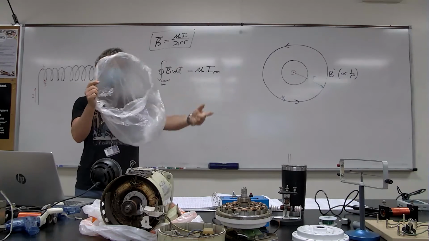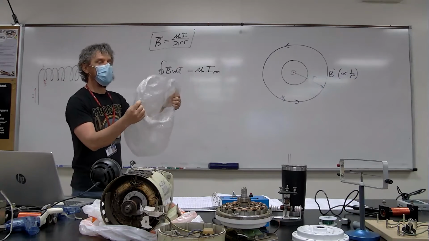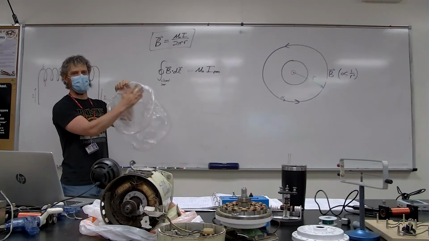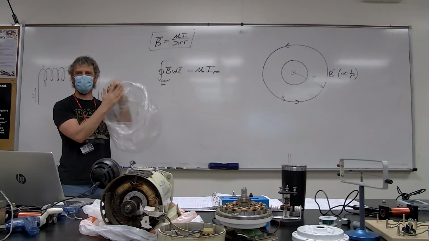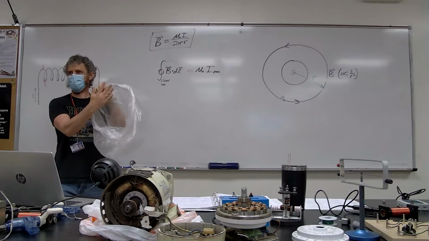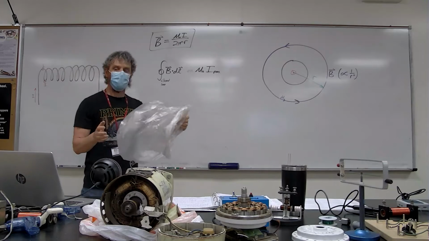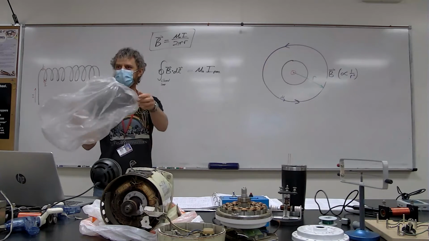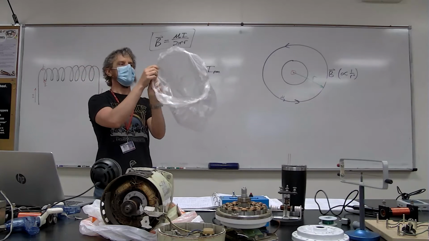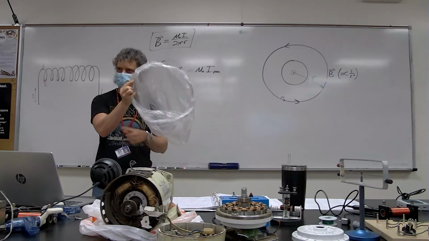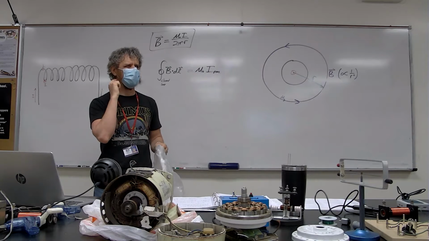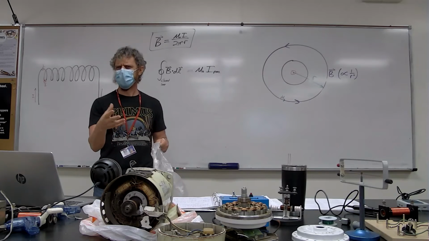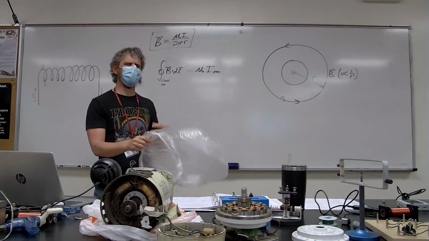He takes a bag and puts it around an actual loop. Usually, and this will apply when we start talking about electromagnetic induction, you just say that it's a flat loop and the surface attached to it is just a plane, right? The plane lies within the loop. But it doesn't have to be. Essentially what I have is an open surface, a surface that's open on one end that is attached to a closed loop. And whenever you learn Stokes' theorem or Green's theorem in third semester calculus, this will ring a bell.